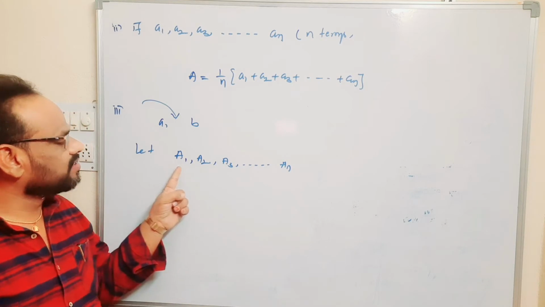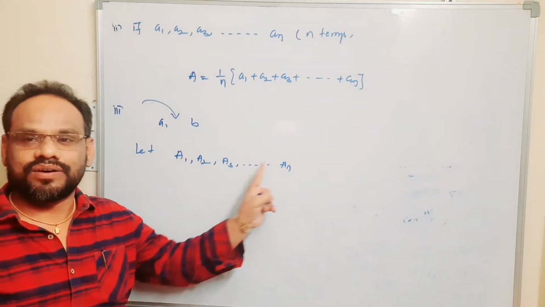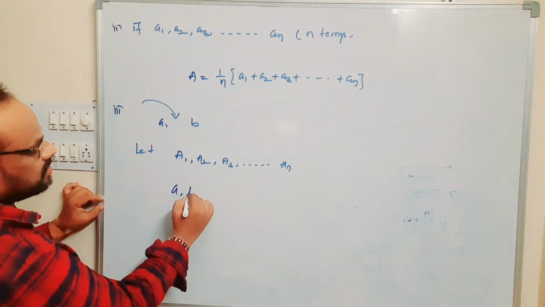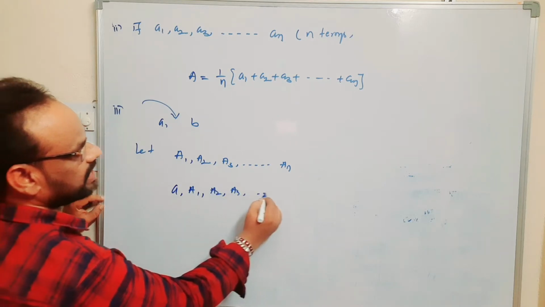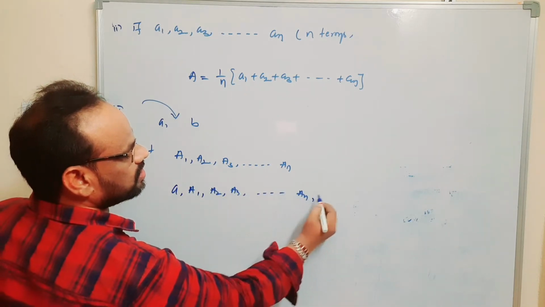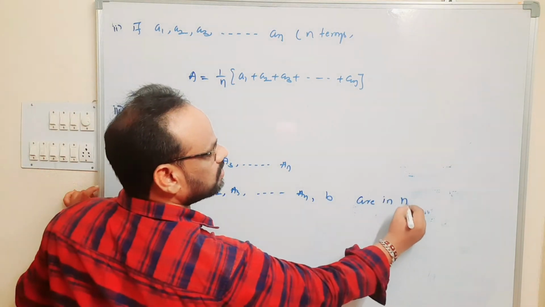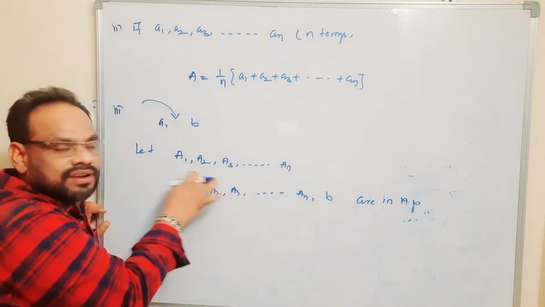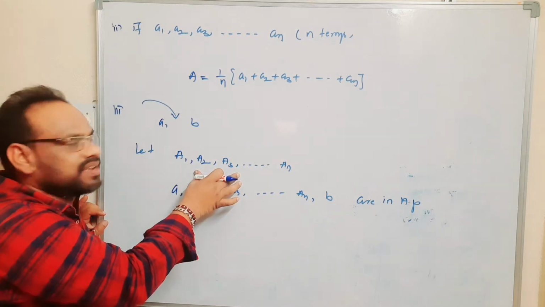How to calculate a1, a2, a3, and an? So here a, a1, a2, a3, and so on an, b are always in an arithmetic progression. So a1, a2, a3 are the arithmetic means between a and b.